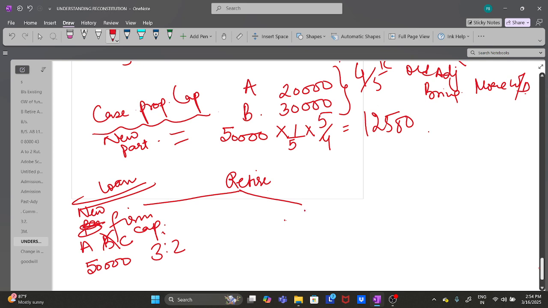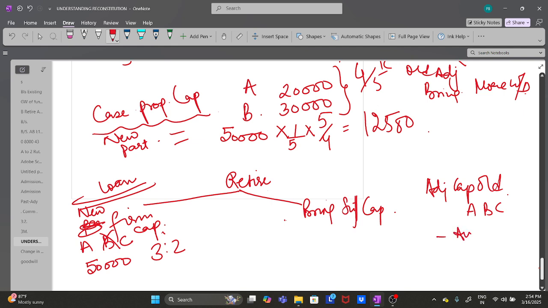In this case, what they say is, they bring sufficient capital to pay the retiring partner. So we take adjusted capital of old partners, all three, A, B, C, minus available cash if any. Sometimes they have some cash with them, sometimes they don't want to touch that.